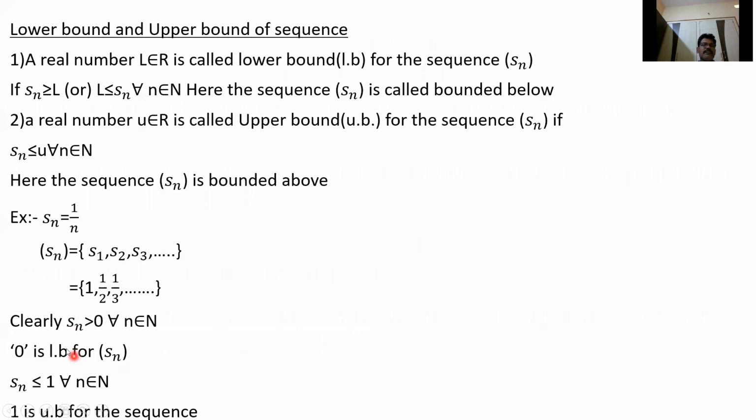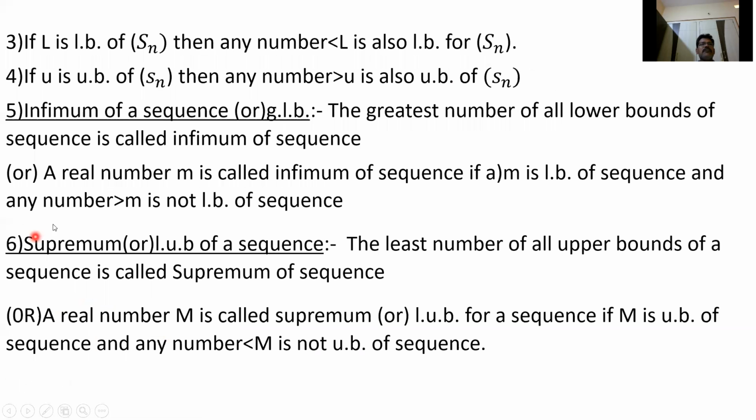If you take any number less than 0, for example minus 1, then automatically Sn is greater than minus 1 for every n. So minus 1 is also a lower bound for Sn. So this is one point.